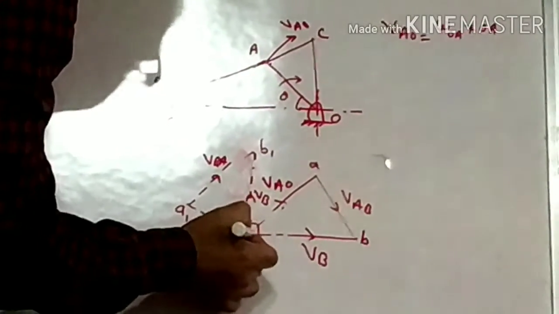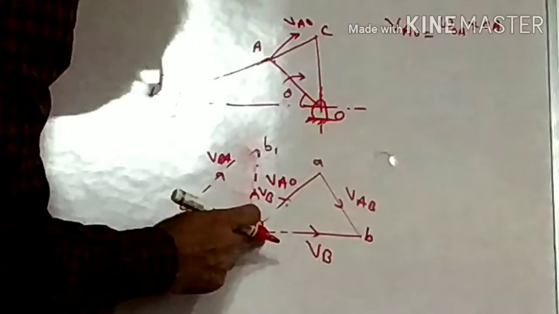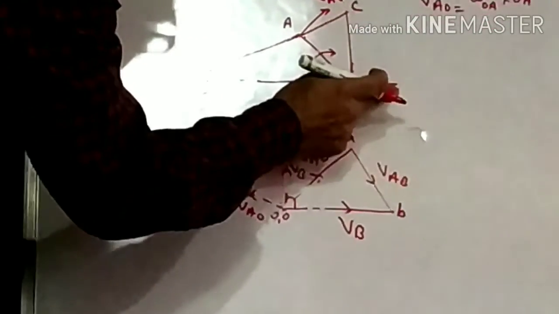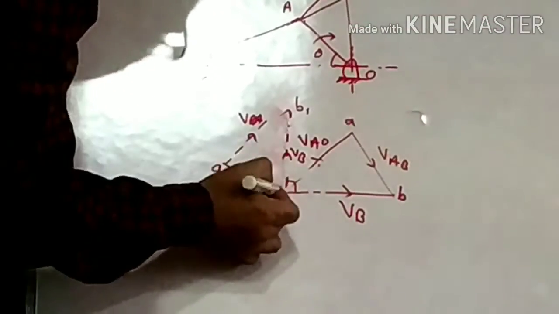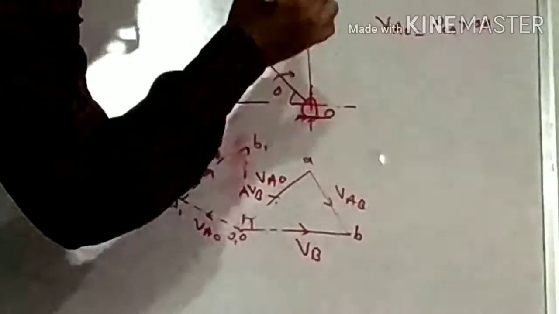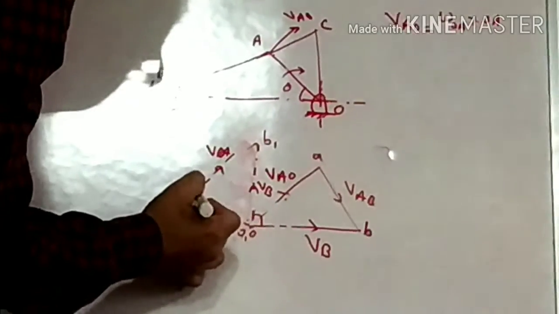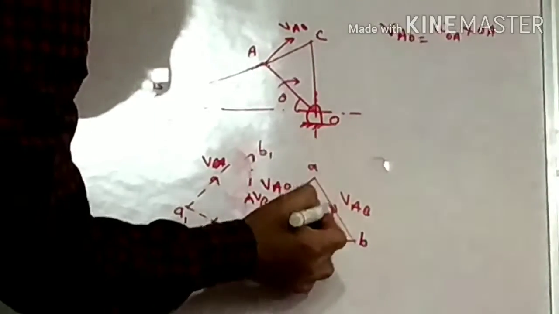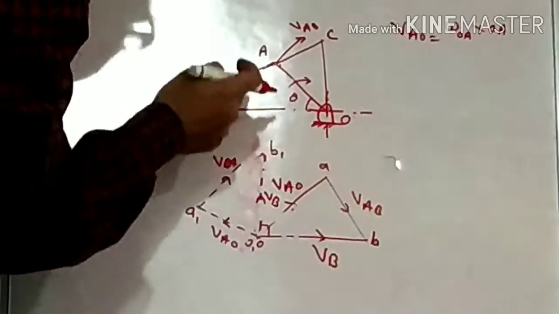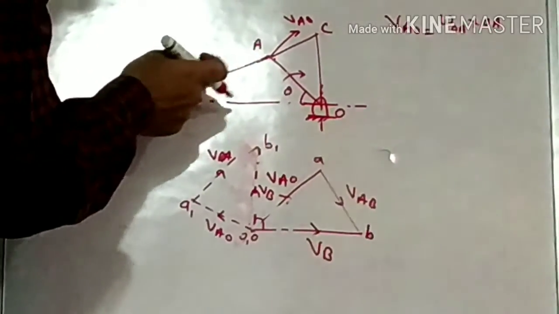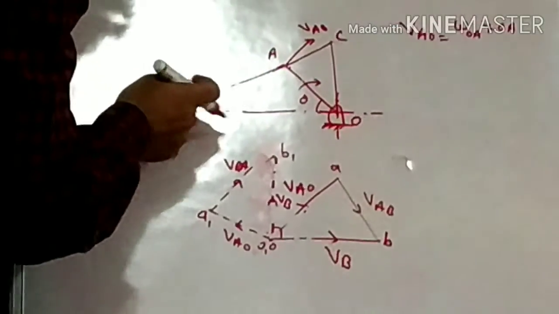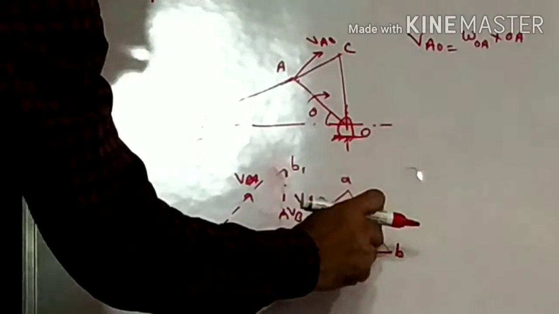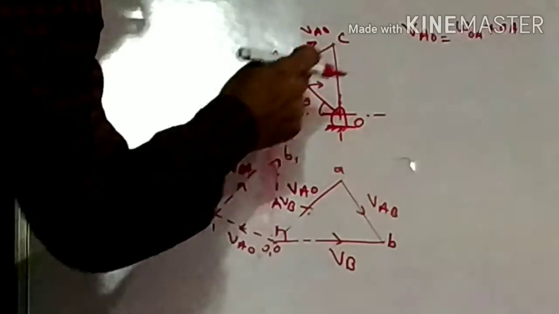Then OB1 is perpendicular to OB, and OC is perpendicular to OB, so OB1 is parallel to OC. Then A1B1 is parallel to AC, because AB is perpendicular to link AB, and A1B1 is perpendicular to vector AB. That's why A1B1 is parallel to AC.